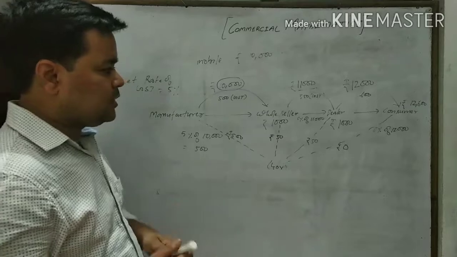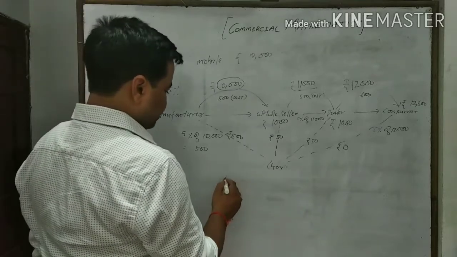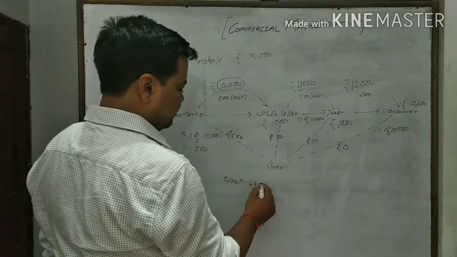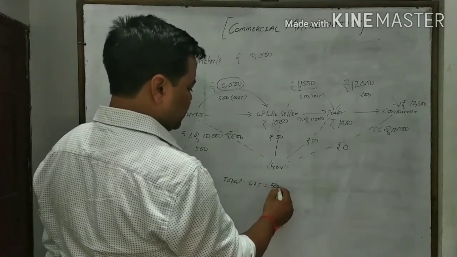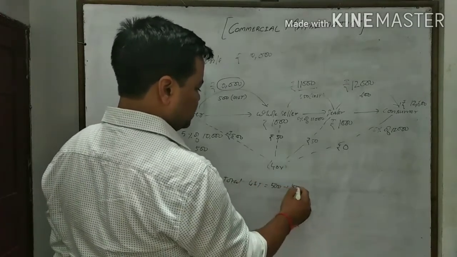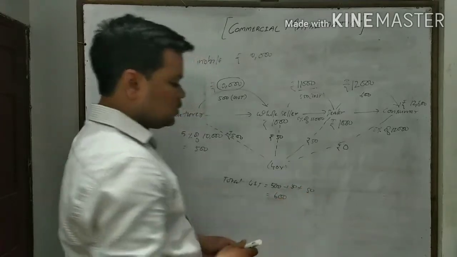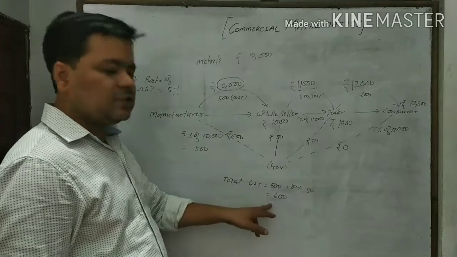Now we see the total amount of tax, that is total GST. That is 500 plus 50 rupees plus 50 rupees, that is 600 rupees. The total amount of GST is 600 rupees.